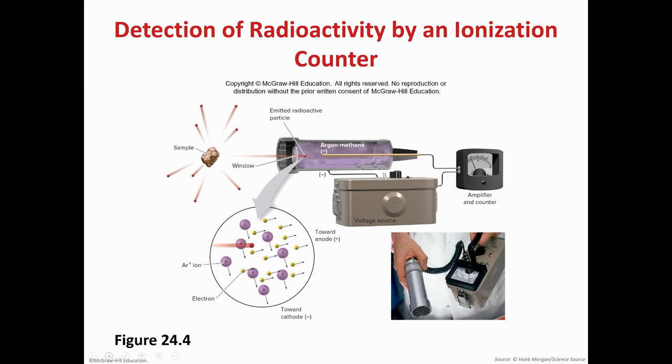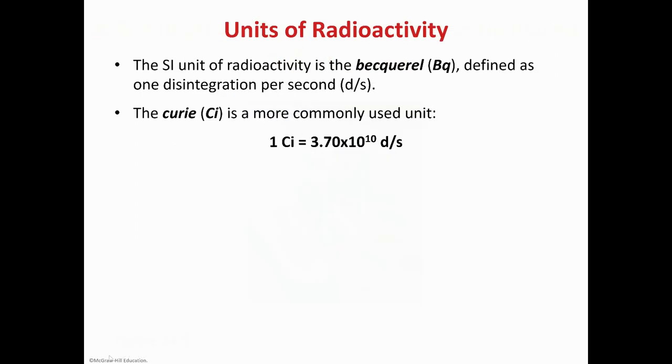Okay, it's showing a radioactive Geiger counter. What I would like to just say to you is that the main unit of radiation and radioactivity is called the Curie, and it is given by disintegrations per second.